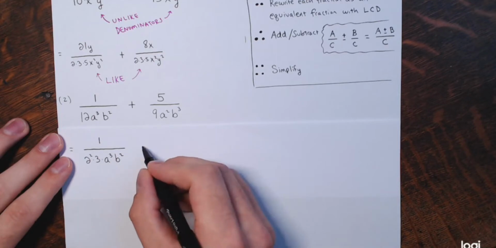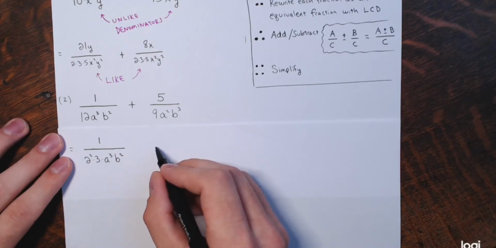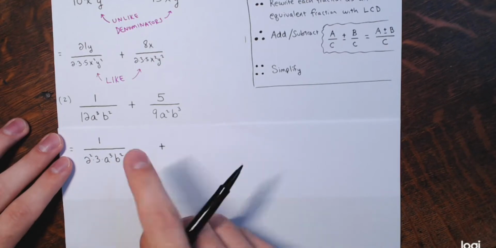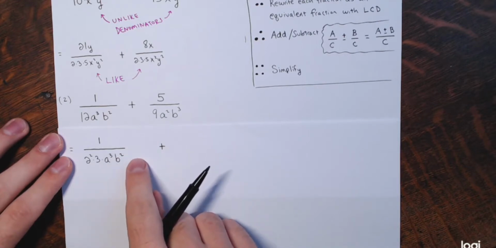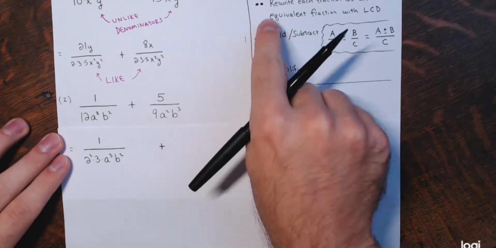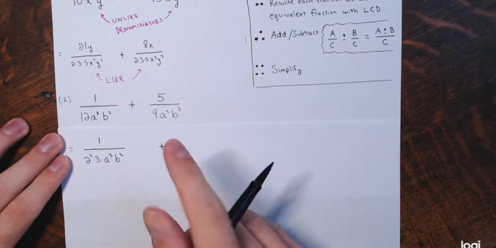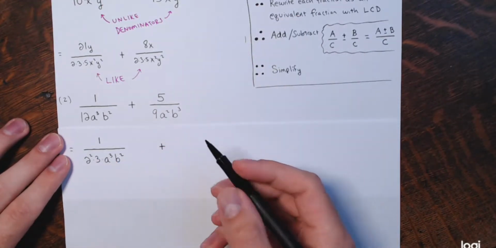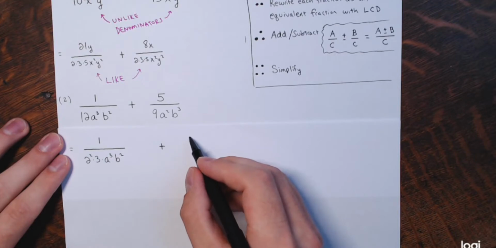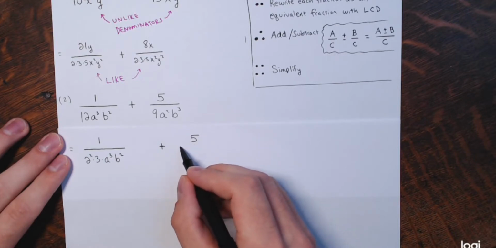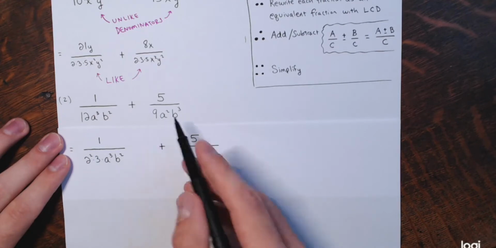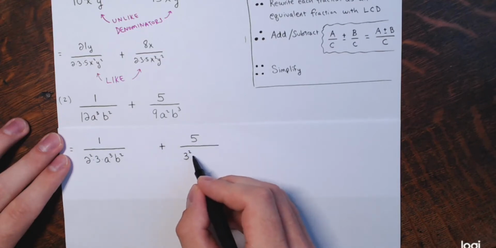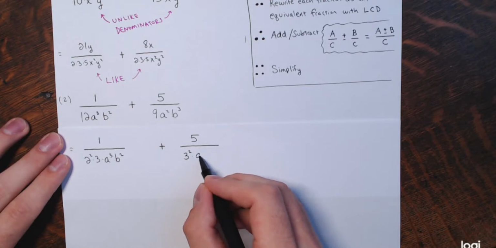And then I'm going to leave a little space so I can multiply by stuff, when we go through step 2 and rewrite the fractions so that they have the denominator of the LCD. So the next one, 5 over, and then the denominator here, 9 factors to 3 squared, times a squared b cubed.